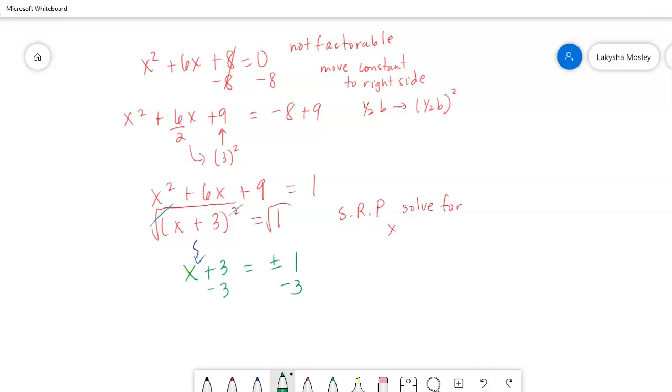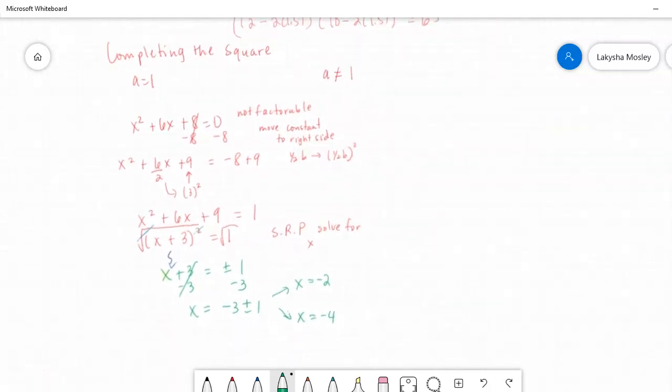Subtract 3 from both sides. The answers are x is equal to negative 3 plus or minus 1. So your two solutions are x can be negative 3 plus 1, which is negative 2, or negative 3 minus 1, which is negative 4.